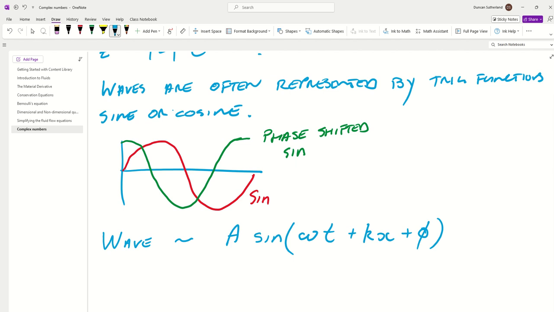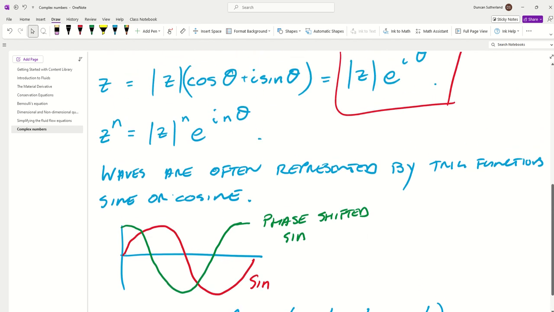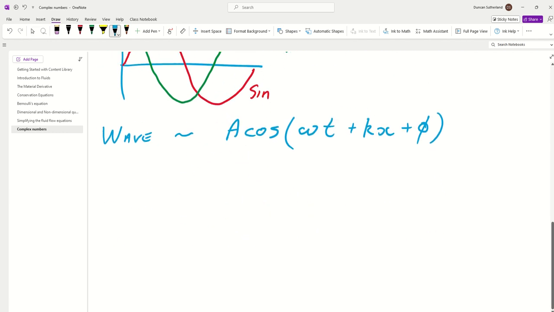Now, actually, I'm going to write cosine instead of sine. They are equivalent, but cosine means that is the real part of a complex number. So this wave could be represented as the real part, and I'm going to use this Re to mean take only the real part.